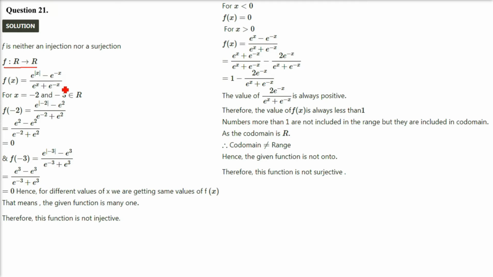So this is the function. There are four options here: f is a bijection, f is an injection only, f is a surjection only, f is neither an injection nor a surjection. Basically, we have to check for injection and for surjection also.